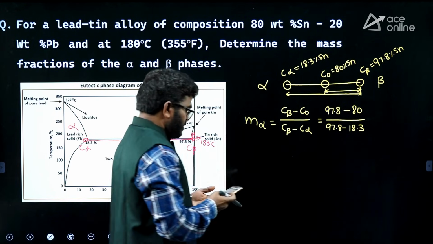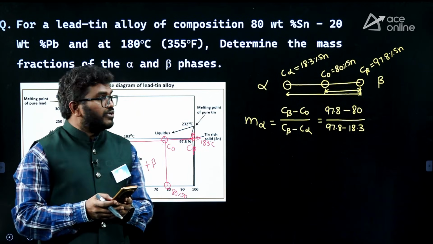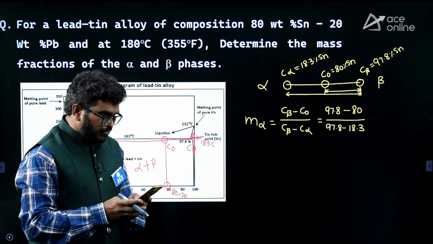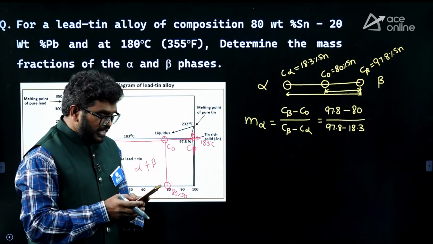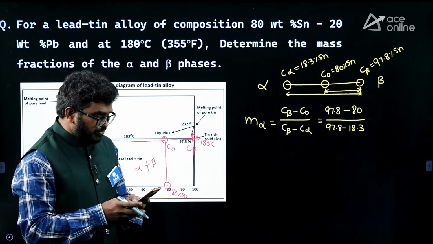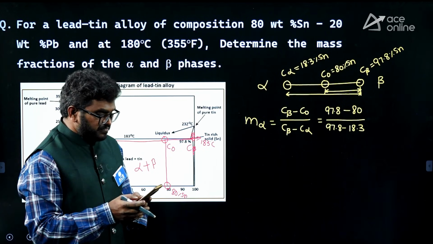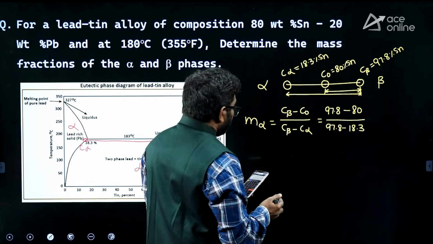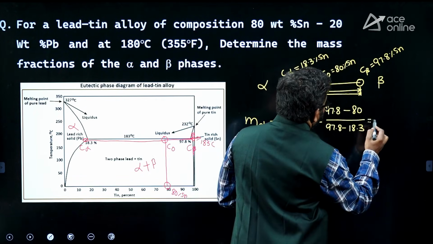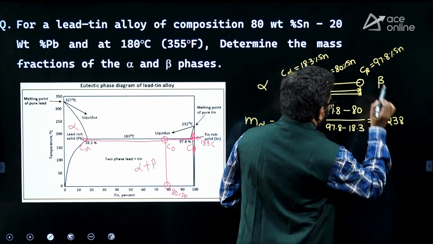I'll calculate. See here. Try to solve it, you people also try to solve it. 97.8 minus 80 divided by 97.8 minus 18.3. So, you'll get 0.2238.